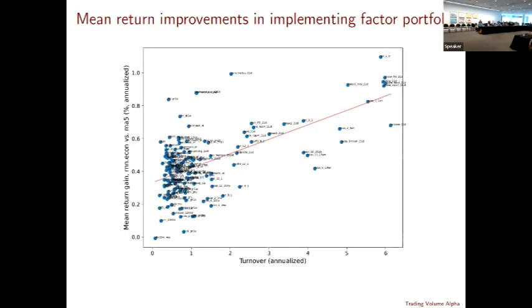Now let's do the same thing, but with the factor portfolios from JKP, right, that are in the literature. So on the y-axis here, I've got the mean return gain using the recursive neural net with the economic objective versus using a moving average of volume, a very simple forecast of tomorrow's volume. And on the x-axis is the turnover of each of these factors, okay? And you can see here, it's kind of intuitive, right?